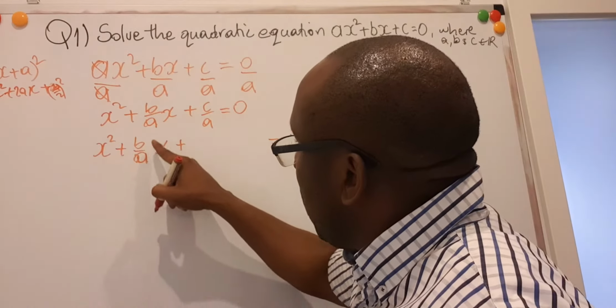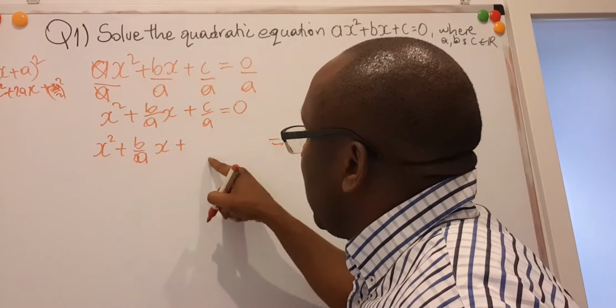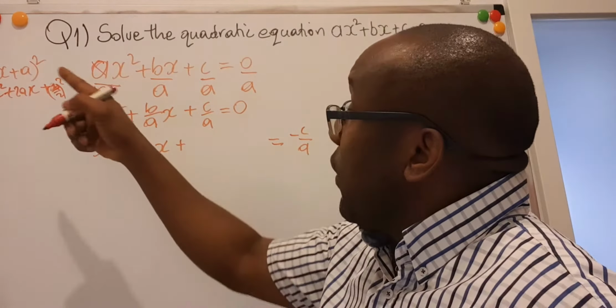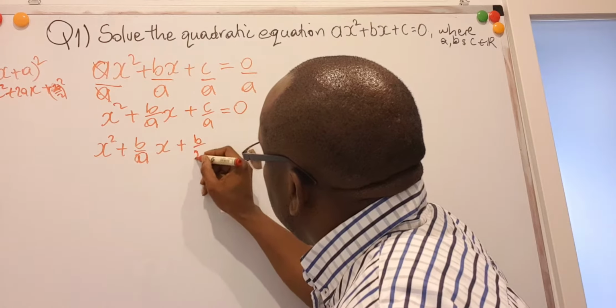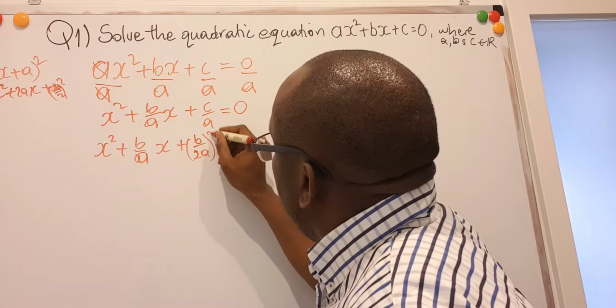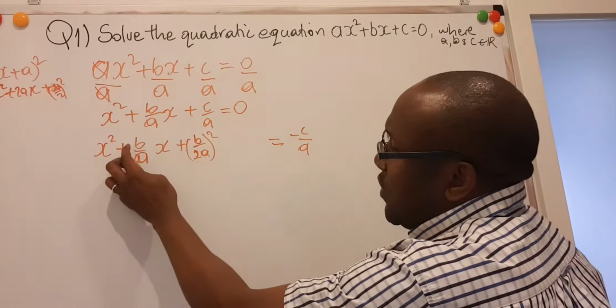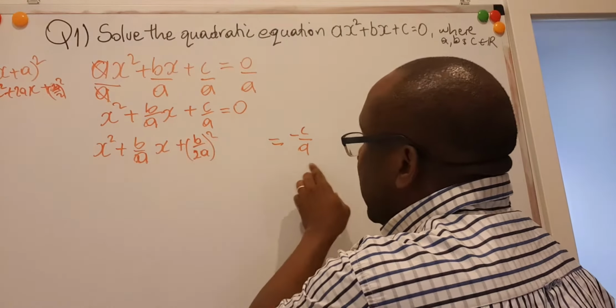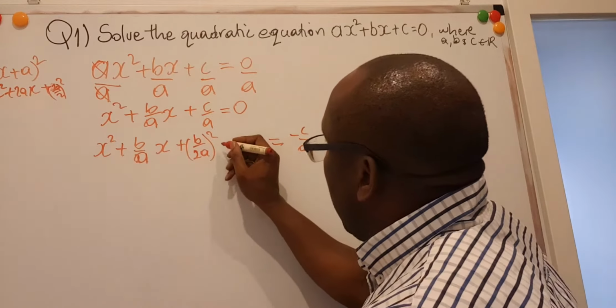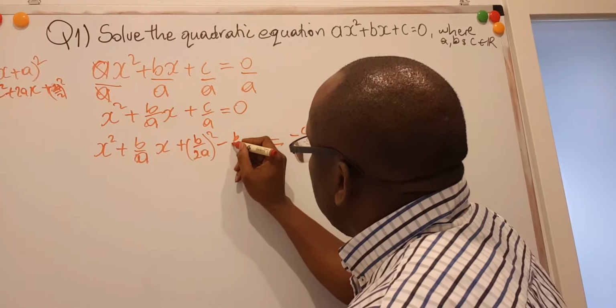So if I take half of this coefficient and square it, then these three terms will be a completed square. So this will be b divided by 2a, all that squared. That's half of the coefficient multiplied by x. But I just added a term that was not there, so this equality is not correct anymore unless I take it away.